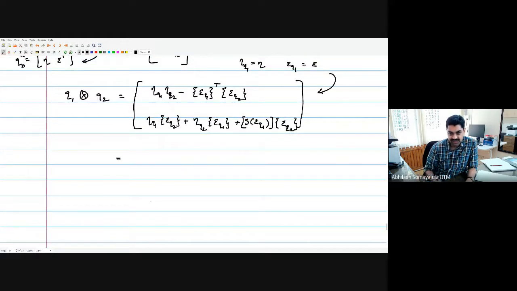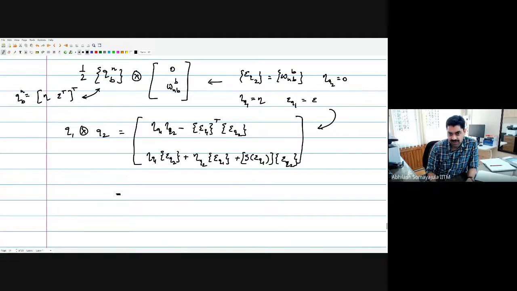So what do we get? Eta q2 is 0, so this term goes away. What we are left with is minus epsilon q1, which is nothing but epsilon transpose, times omega_NB. Below, eta q1 is eta times epsilon q2, that is omega_NB.